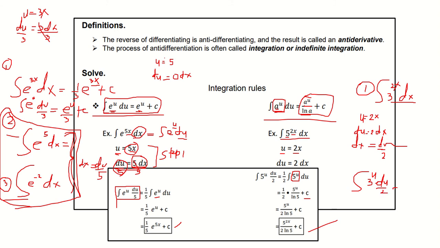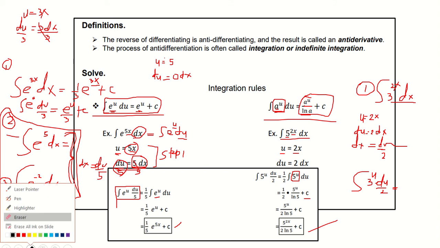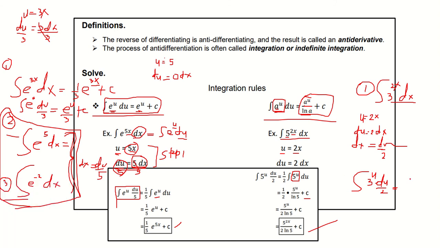And that is 1/2. Then, this is 1/2. That is 3 to the u all over ln of 3.